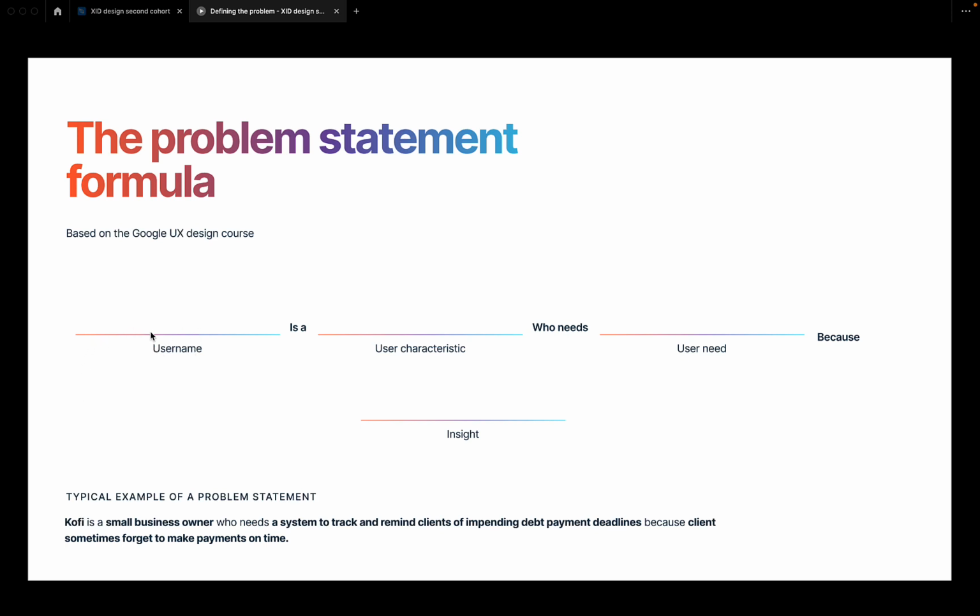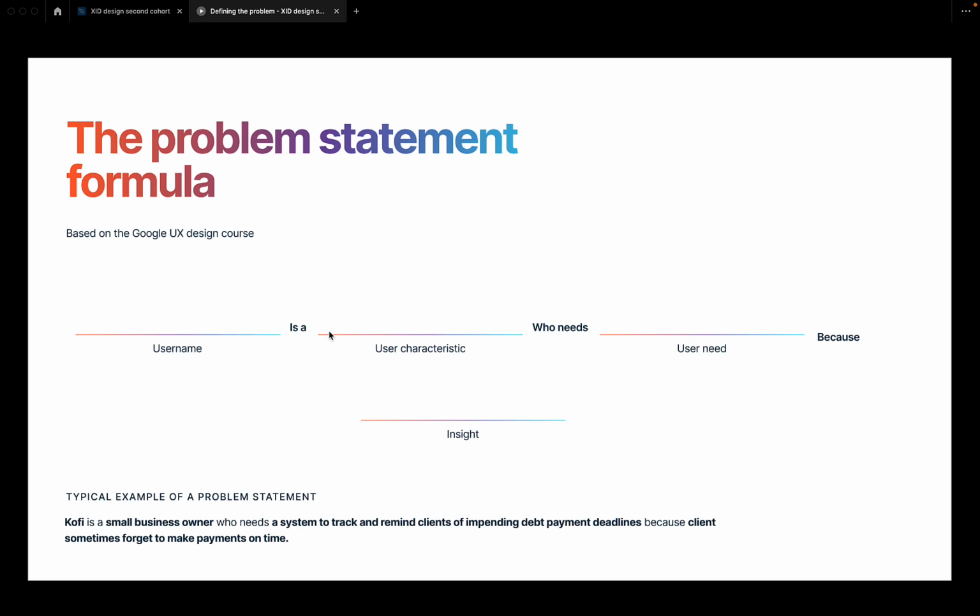So the username, say Asta is, and then you give the user characteristics, something distinct about that particular type of user. If you're designing a product, you need to identify the typical type of person that would be using your product. That's the empathize step. You need to understand the user.